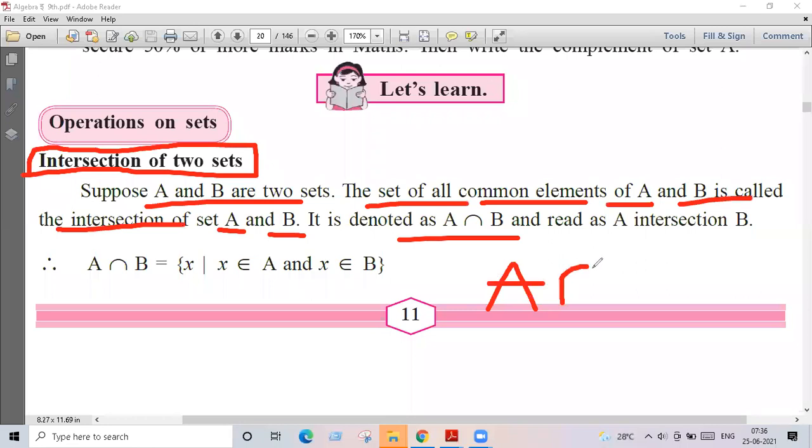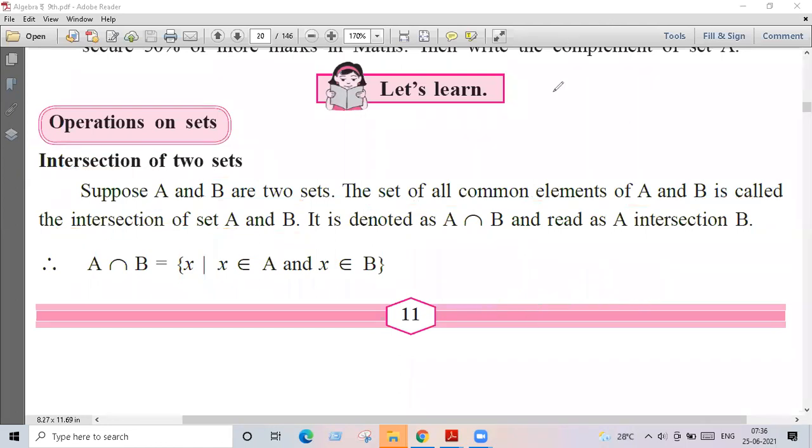The common elements in A and B are referred to as A intersection B. This is how it is denoted, and this is how it is read. Also, A intersection B is what? Common between A and B.